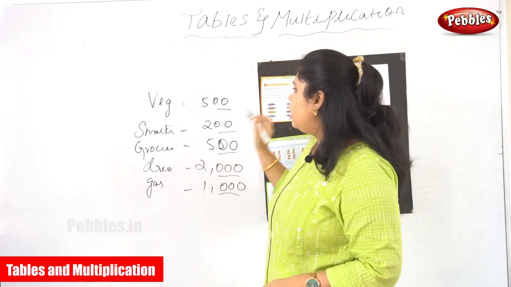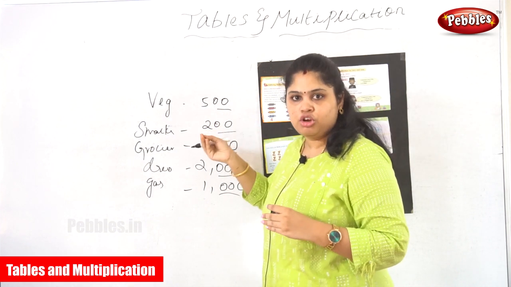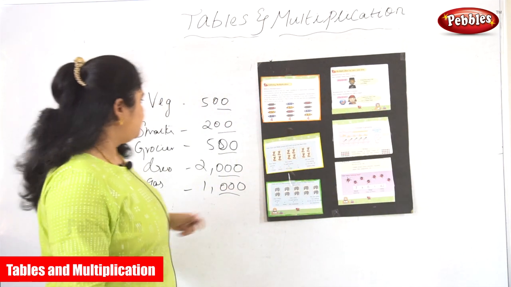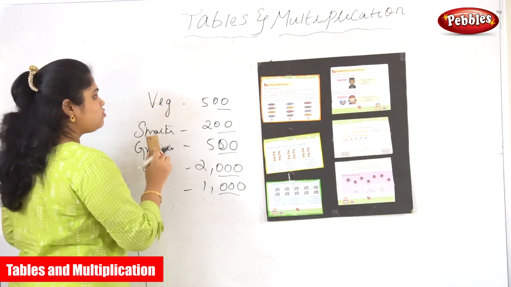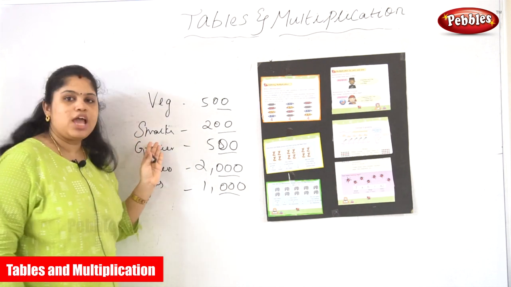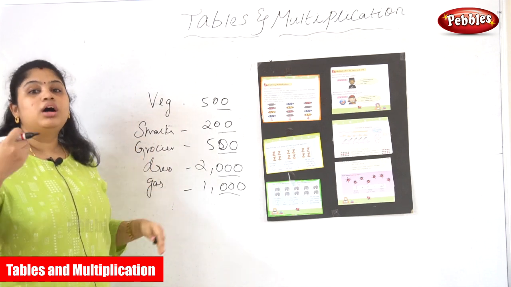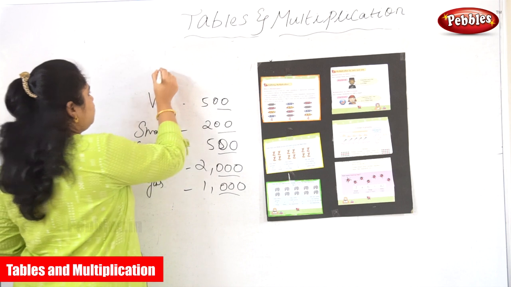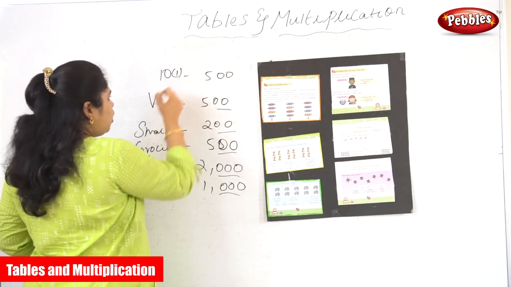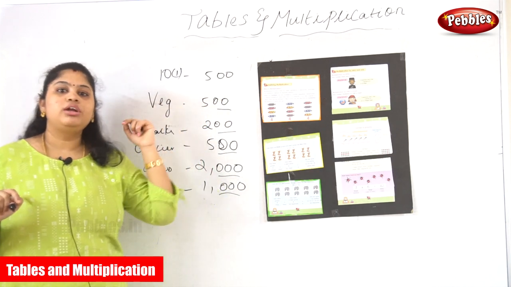But for example, suppose the cost of one product is 500 and you have bought it 10 times. I don't want to mention the names of the items, I'm just telling roughly.